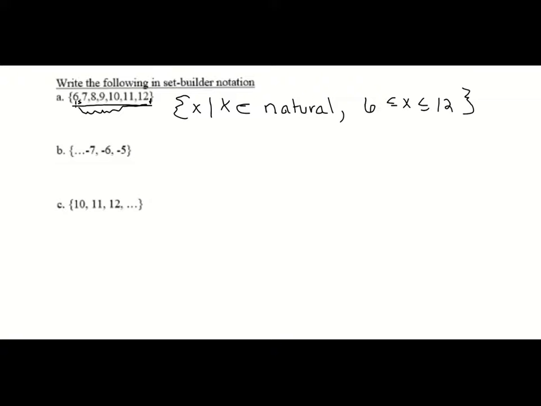For the next one, we're going to start off again with our bracket, and we're going to do x such that x is an element of, and here, because we're dealing with negative numbers and they're whole numbers or opposites of whole numbers, then we are going to say our best set will be integers.